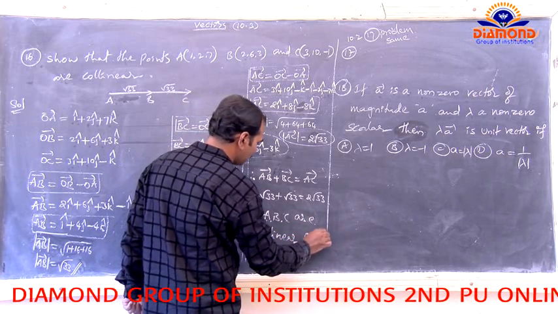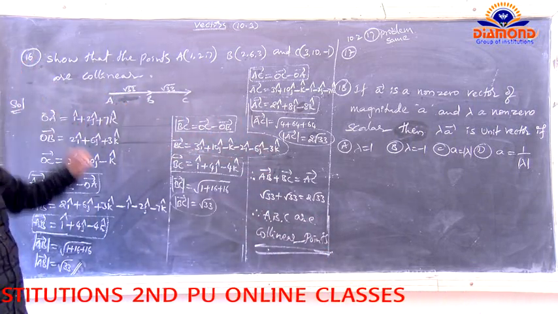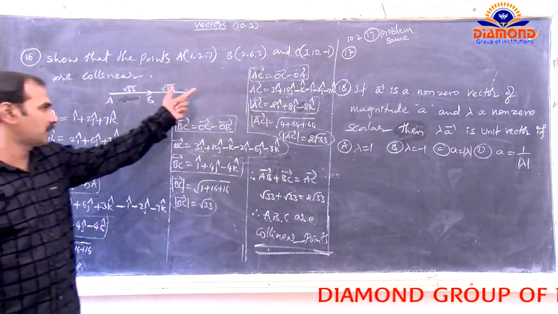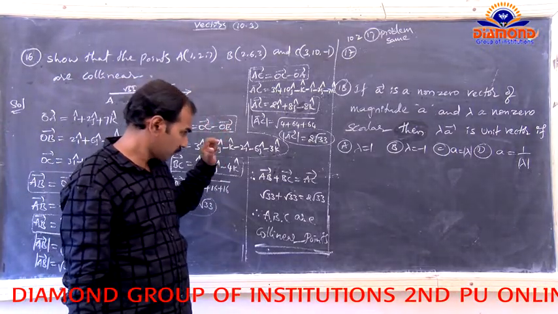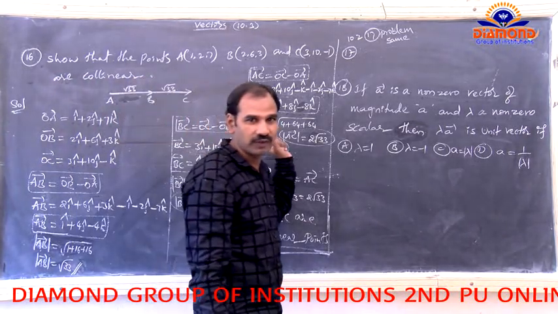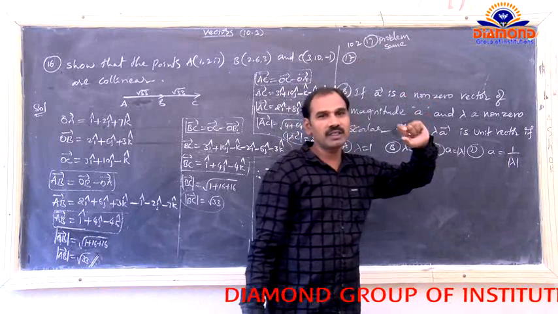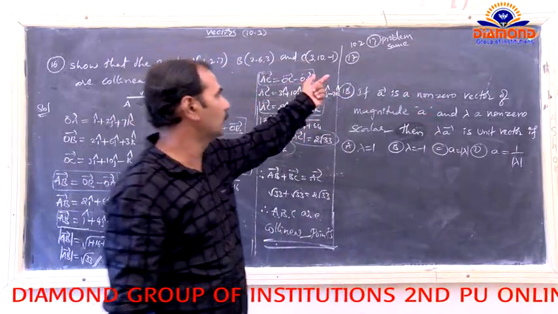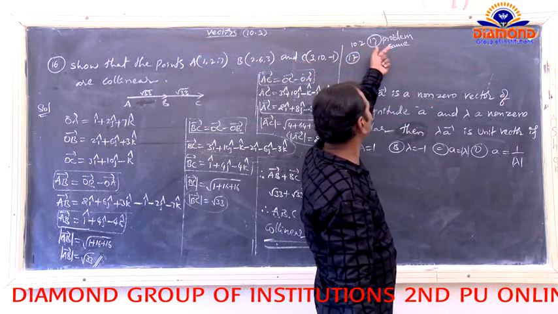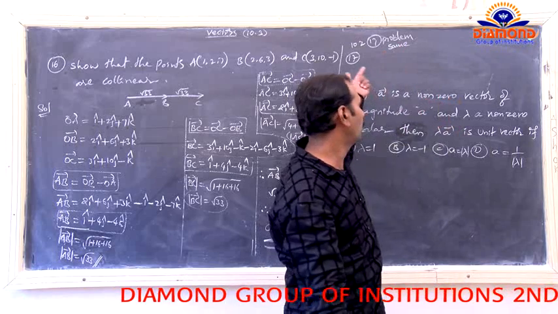This is the answer. Collinear, this is one method. There is another method also. It is also 2 marks, very important. 17th problem: show that the vertices form a right angle triangle. We did the 17th problem before, in exercise 10.2. Same method. You do it as homework.